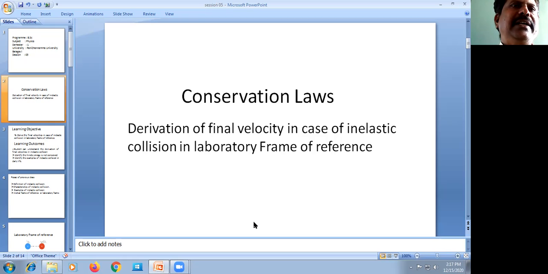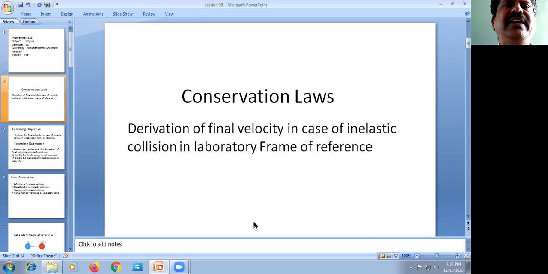So here, let us derive the final velocities of those two particles in the laboratory frame of reference. As I said in my previous class, the laboratory frame is a fixed reference point, where the positions, velocities and accelerations of the events, particles or objects are measured with respect to some chosen arbitrary object.